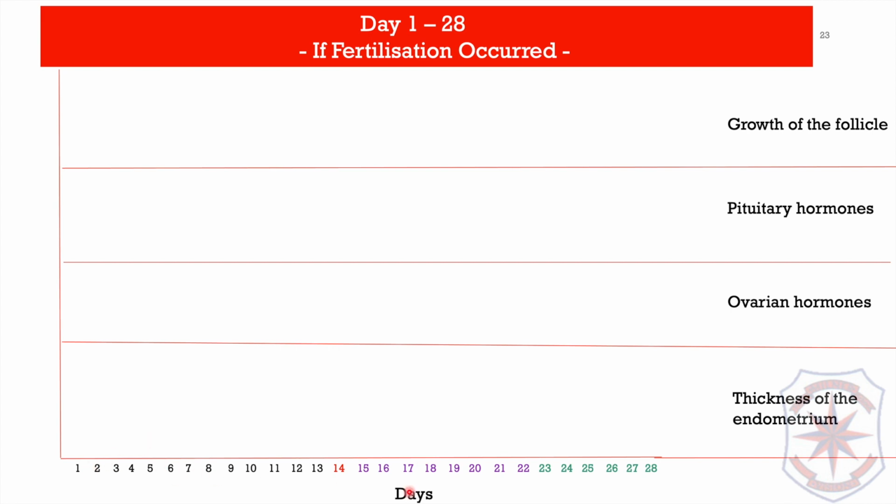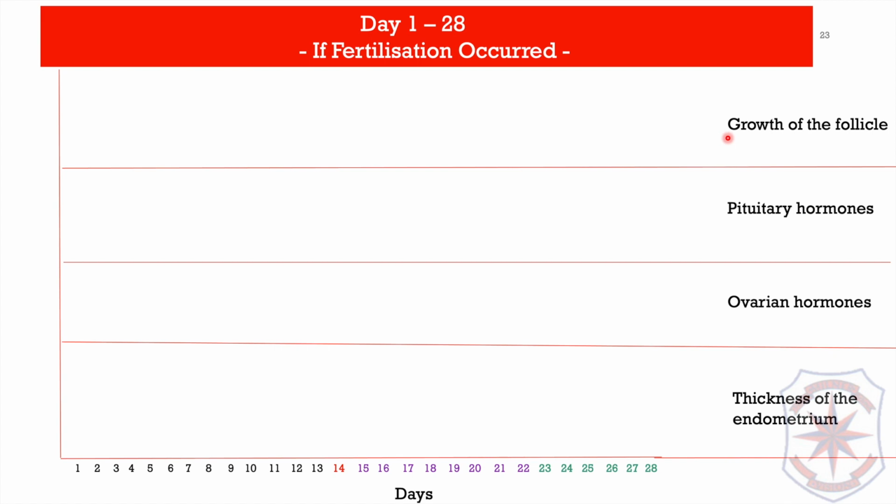On the x-axis, we have days 1 to day 28. As you can see, I have coded them in different colors as keys to distinguish between the periods. From day 1 to day 13, first period, second period, day 14, third period, 15 to 22, and then the last period is day 23, all the way to day 28.